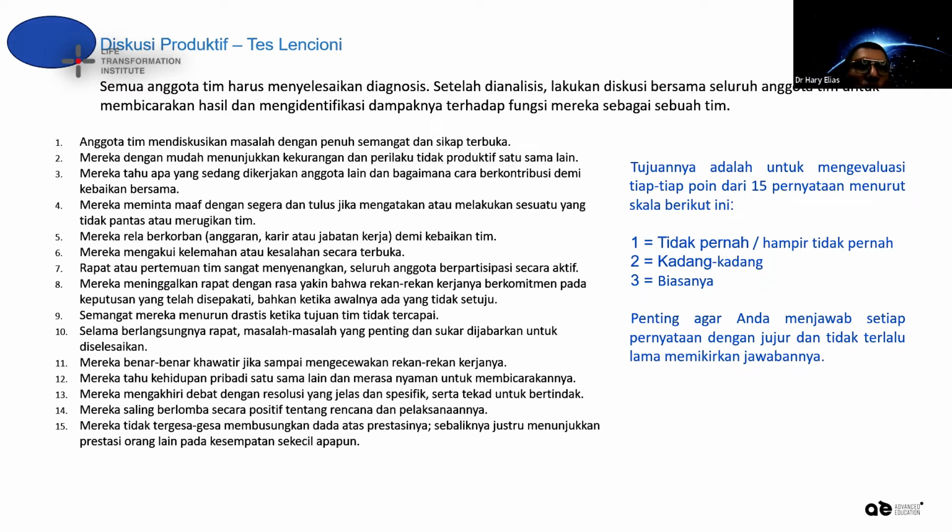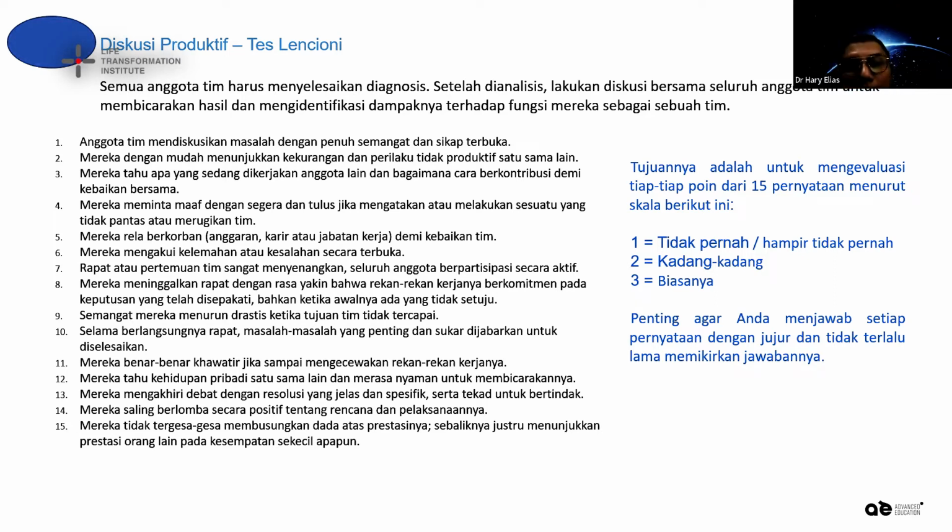And what you need to do is to take your pen and a paper, and you have to give a score for each sentence. Misalnya, anggota tim mendiskusikan masalah dengan penuh semangat dan sikap terbuka.